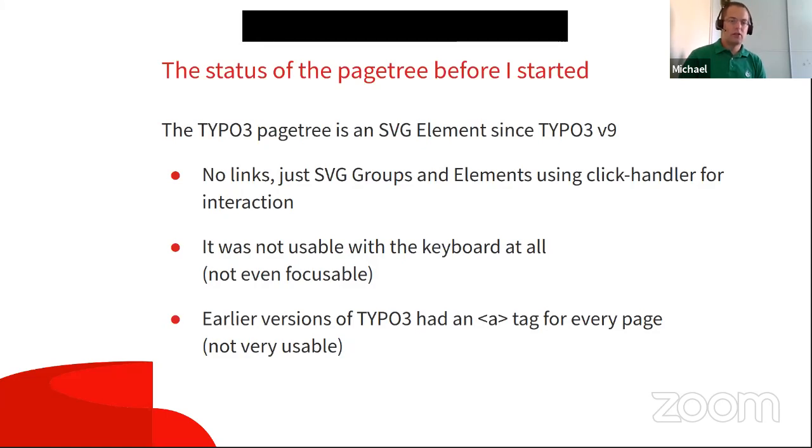And that change caused that there are no links in the element itself. It's just an SVG with groups and elements and a click and multiple click handlers for the interaction. This change caused that the page tree was not usable with the keyboard at all.